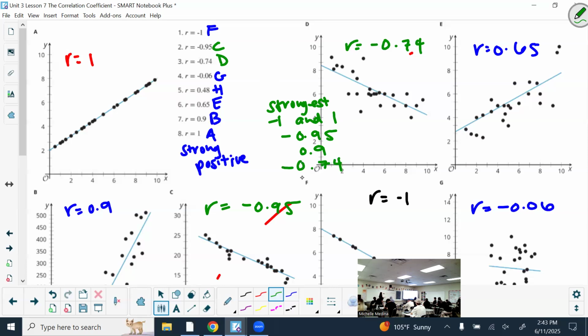Which one after that? 0.65. Which one after that? No, if you said 0.6, not that one. That's 0.06. 0.65 would be the next highest. What would be the next highest after that? 0.48. And then the -0.06 as the weakest out of this set. So again, the sign has nothing to do with strength. It's just how close is that absolute value.